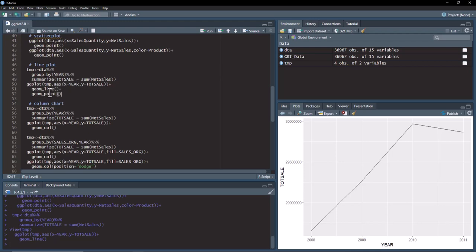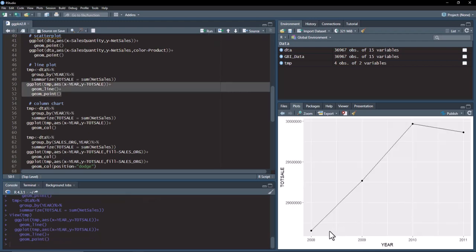So in addition to the line, we add a point. So we can run this again. And notice it plots the line and the points on the line. Okay? So if we were interested in doing some sort of analysis, thinking about when they had lower sales versus higher sales, we might treat 2008 differently than 2010, for example.